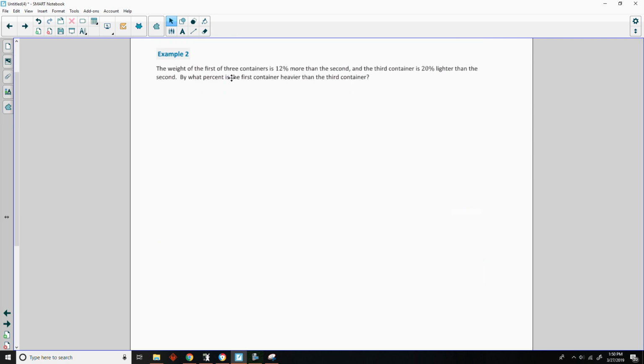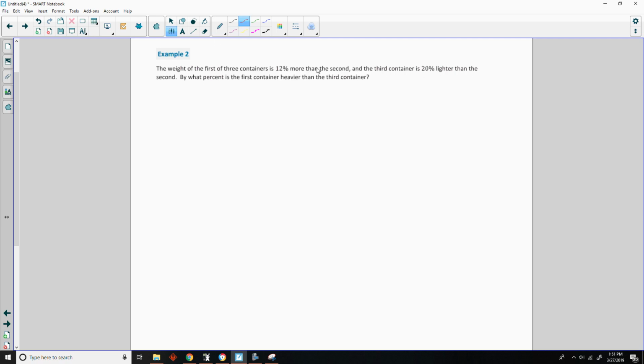Example 2. The weight of the first of 3 containers is 12% more than the second. Okay, so here we're going to have to identify 3 containers. The weight of the first is 12% more than the second. And the third container is 20% lighter than the second.